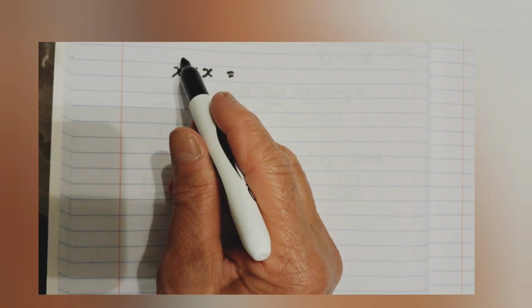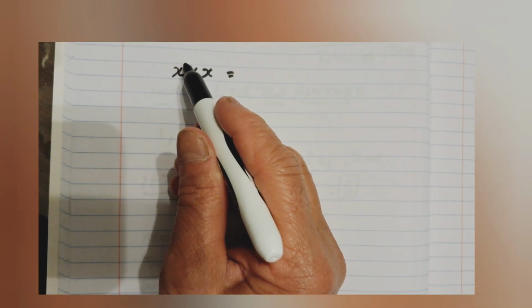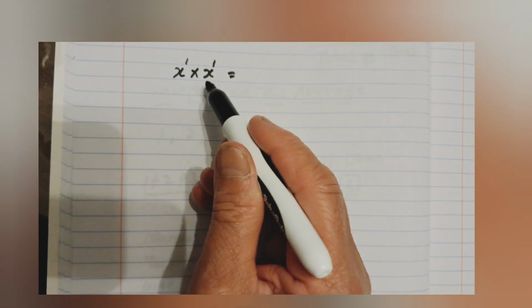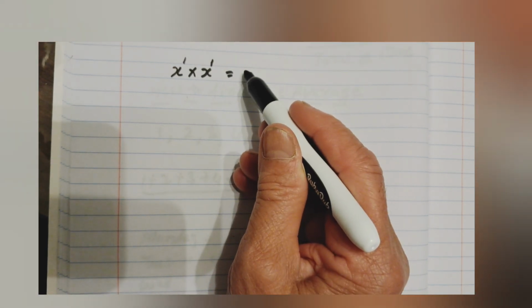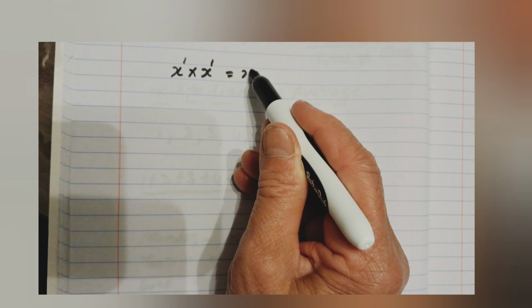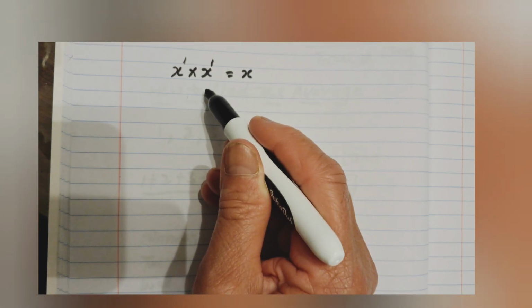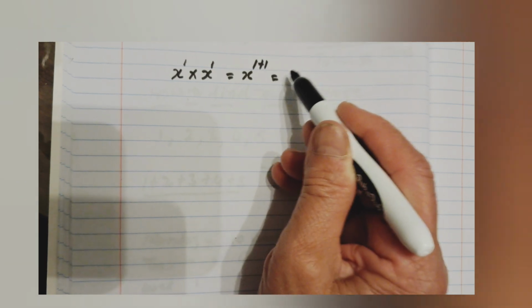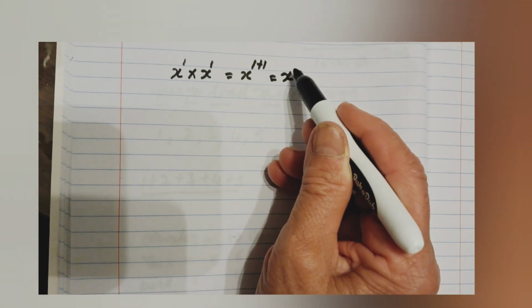When there is no power, it means 1 here. So x multiplied by x, the variable will be x, but the powers are added. So 1 plus 1 is equal to x square.